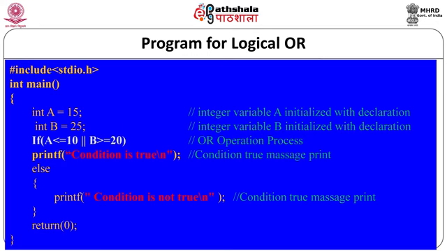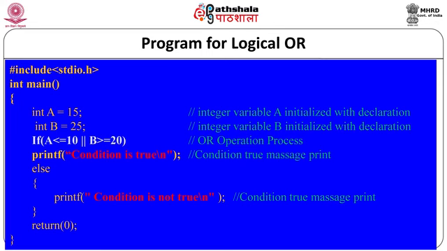Now you can see the symbol of logical OR is shown under the if statement. The condition is put like A less than or equal to 10 or B greater than 20. In this program the value of A is 15 and the value of B is 25.